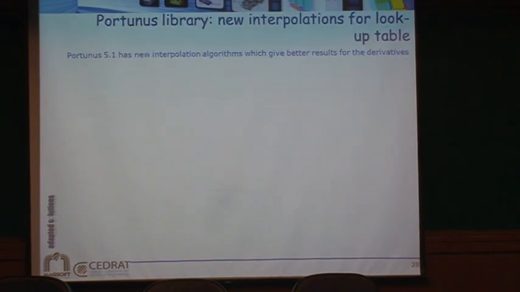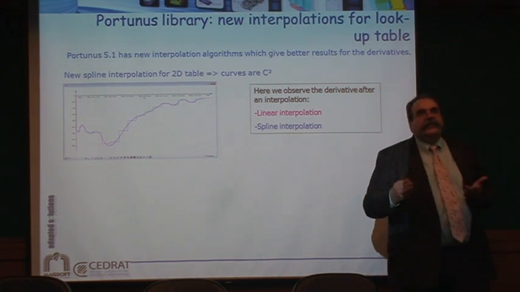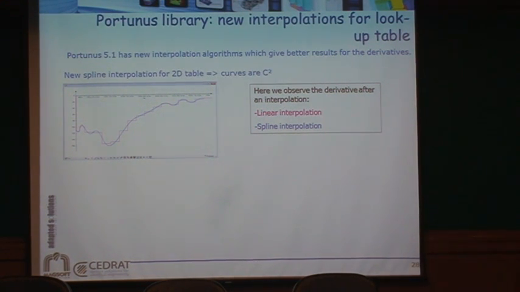Lookup table. Now that's another story, because in the table you give digital values. You give different values at different times and so on. So what you have now is an interpolation. Here is just a step interpolation. There used to be a linear interpolation. If I do a linear interpolation and I derive the curves, the derivative is going to be those steps, which can give trouble when you solve a transient, okay?